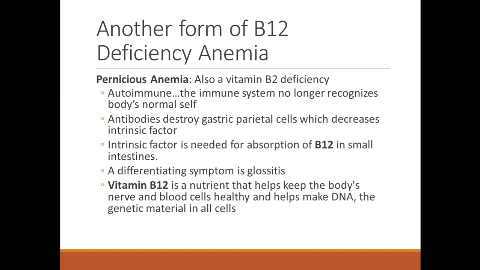So these antibodies are actually destroying the gastric parietal cells, which decreases the intrinsic factor. So the body is not absorbing the B12 in the small intestines. So pernicious anemia is an autoimmune response that destroys those gastric parietal cells, decreasing the intrinsic factor, which decreases the absorption of B12.